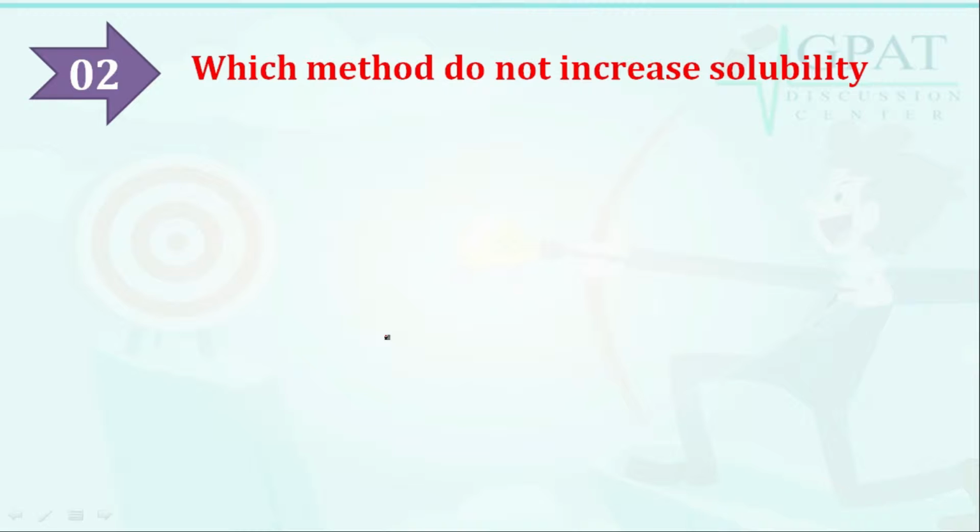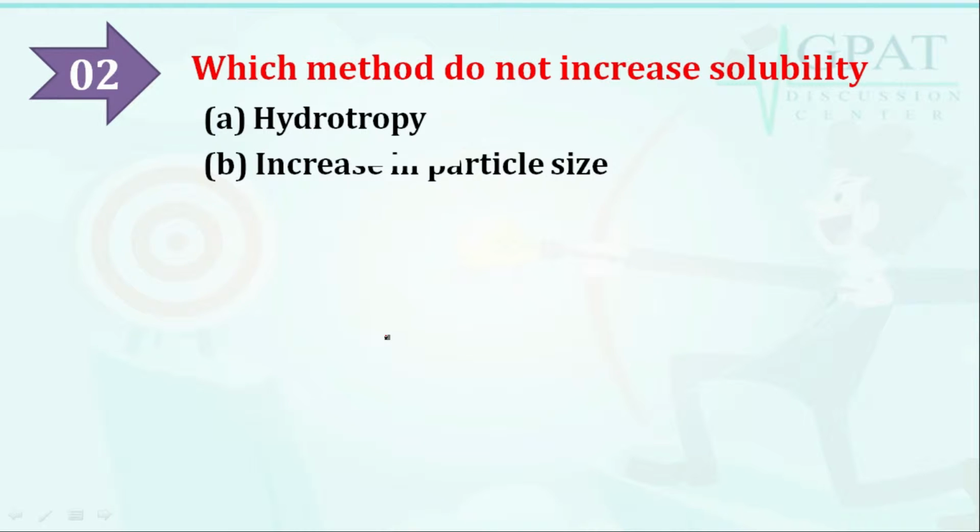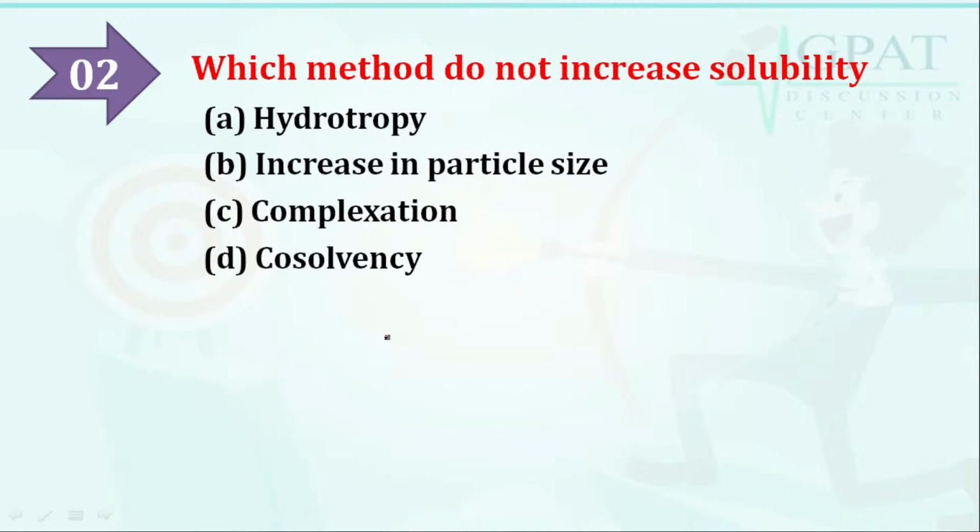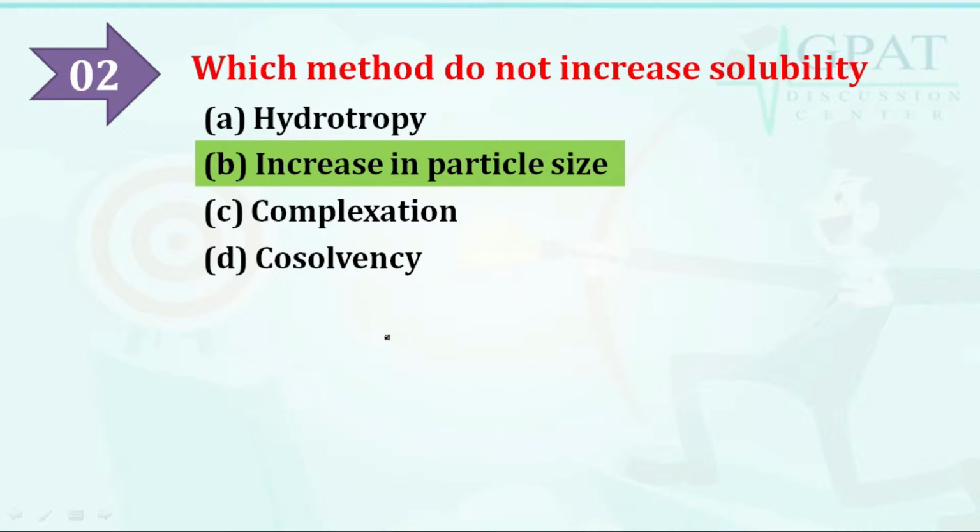Which method does not increase solubility? Options are: option A, hydrotropy; option B, increase in particle size; option C, complexation; option D, co-solvency. The correct answer is that increase in particle size does not increase solubility.